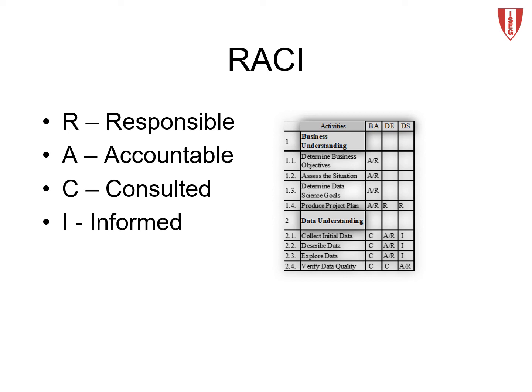RACI is an acronym derived from the 4 words responsible, accountable, consulted, and informed. It is used for clarifying and defining roles and responsibilities in cross-functional or departmental projects and processes.